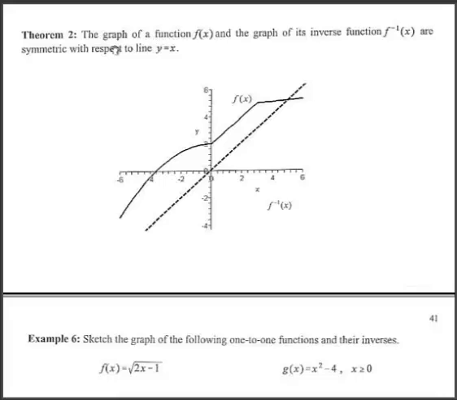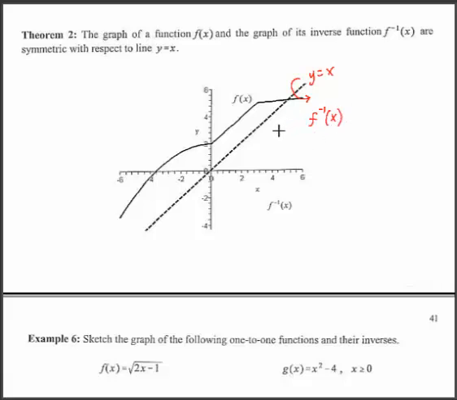Theorem 2 states that the graph of a function f of x and the graph of its inverse function f inverse of x are symmetric with respect to the line y equals x. Okay, so in other words, if I take this graph of f of x and I rotate it around this dashed line, which represents y equals x, then I will graphically produce f inverse.